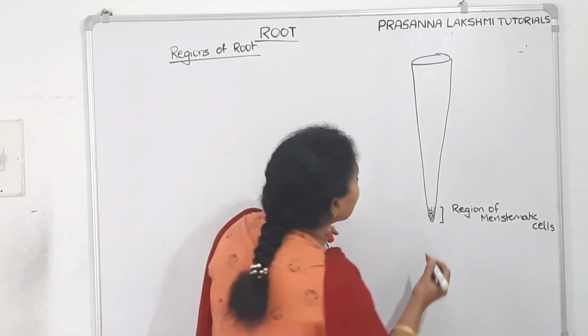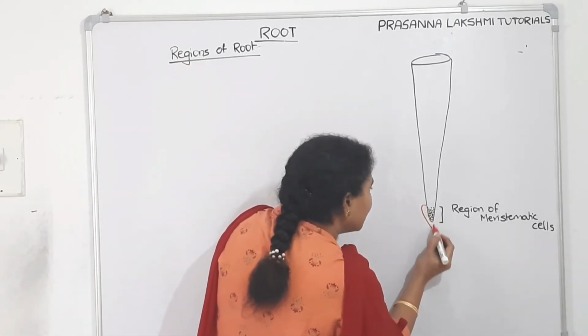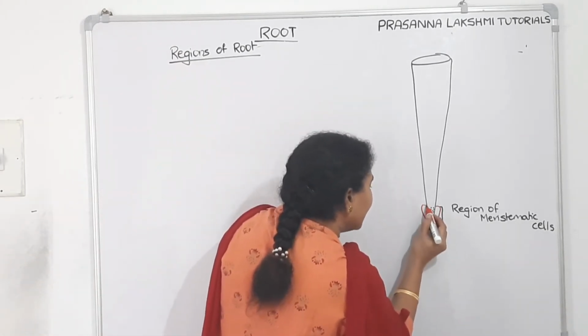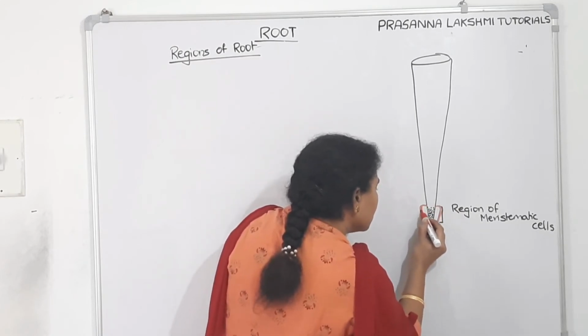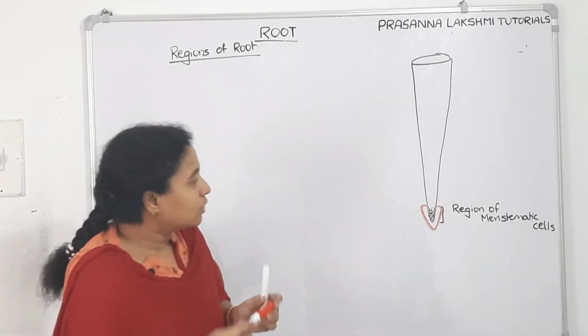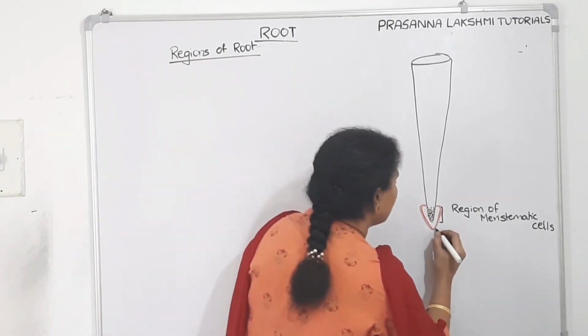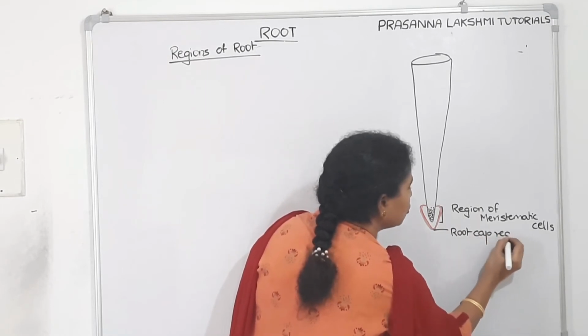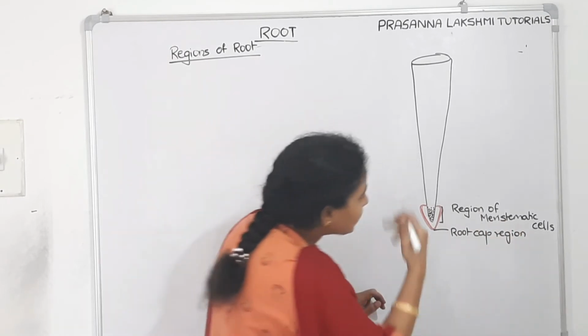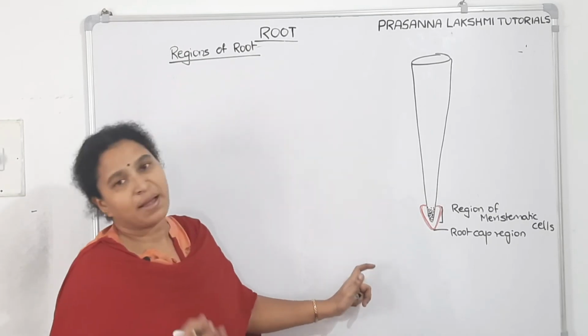So, that is why they are covered by a thimble-like, young, tender, thick structure which is called root cap. So, this region is called root cap region. This is root cap region which is terminal. Subterminal will be the region of meristematic zone.